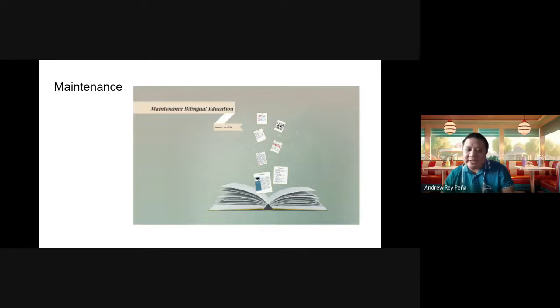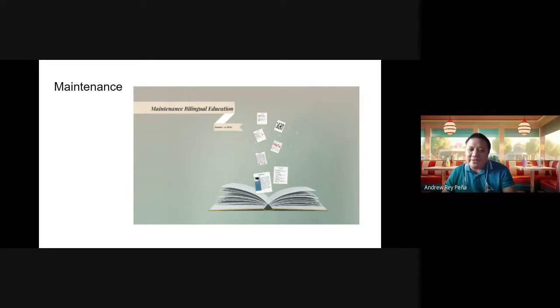Students in a maintenance bilingual education program should graduate being able to have a discussion about any content area in either language. So the idea is maintenance. So you have, for example, a dying language or a language that people think might be threatened. They want their children to maintain that language.